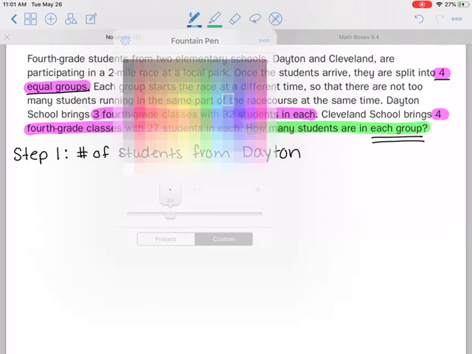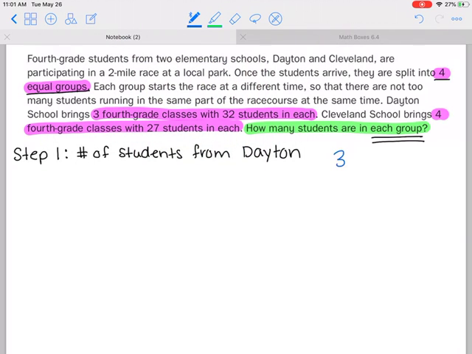So I would take 32, because there's 32 kids in each class, and there's 3 classes, so 3 groups of 32 kids. I'd do multiplication. I know that 3 times 2 is 6, and 3 times 30 is 90, so 96. Now I know there are 96 kids from Dayton coming to this race.